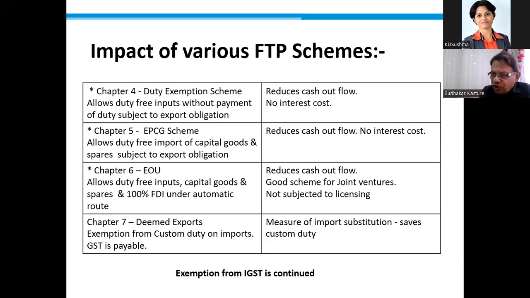Good scheme for joint ventures. Not subjected to licensing. Saves customs duty. The schemes of the FTP are primarily for the purpose of indirect tax management. These are all tools of indirect tax management that we must remember carefully.